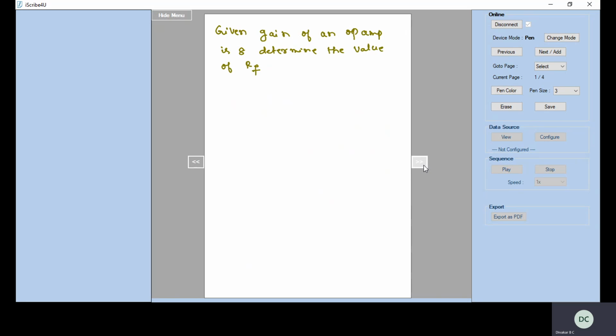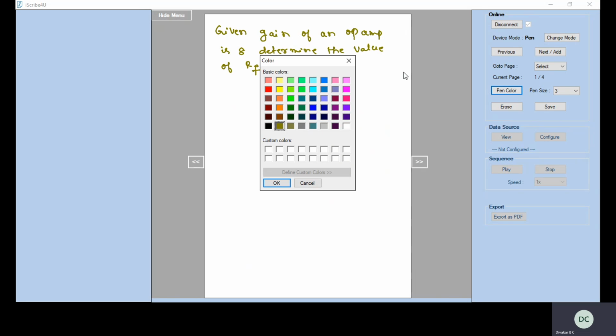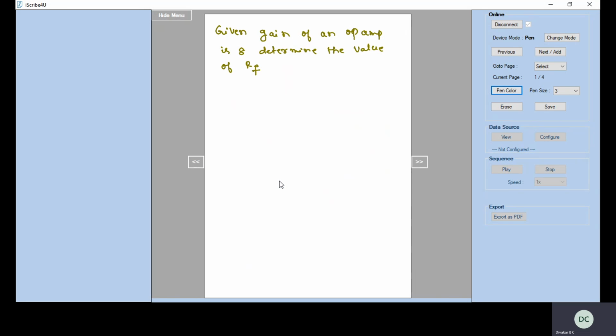Since the given gain is positive, that is 8, we are going to draw the circuit of the non-inverting operational amplifier. As we know, the gain for the non-inverting operational amplifier is given by AF = 1 + RF/R1. The given gain is AF = 8.